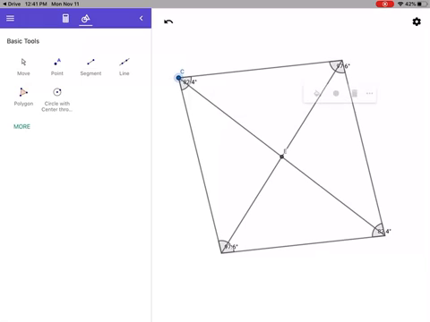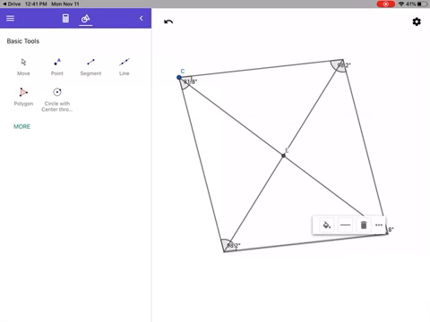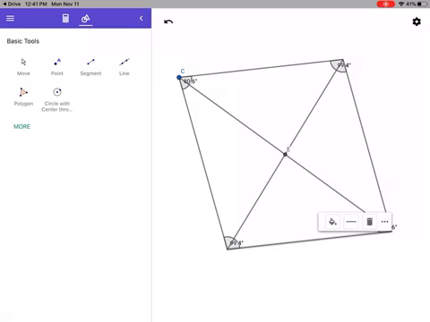So here I've got angle C at 82.7. And across from it is another angle that's the same, 81.8, 81.8. And then in the other corner, we've got 98.2 and 98.2. And the consecutive angles are also supplementary. In other words, they add up to 180.